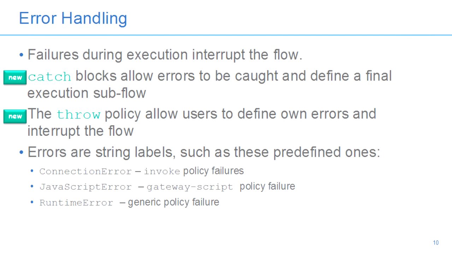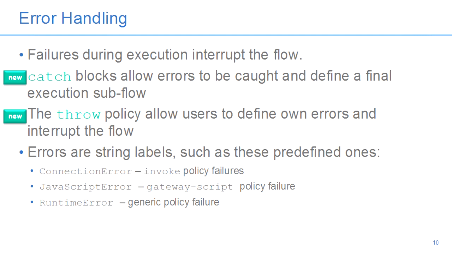Moving to the topic of error handling, we also introduced a couple of new language constructs, like operation switch and if. We have the ability to add catch blocks into your flow. So in case there is a failure during the flow execution, you can catch that failure and run a termination subflow.